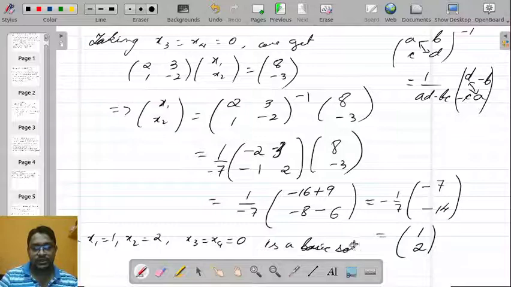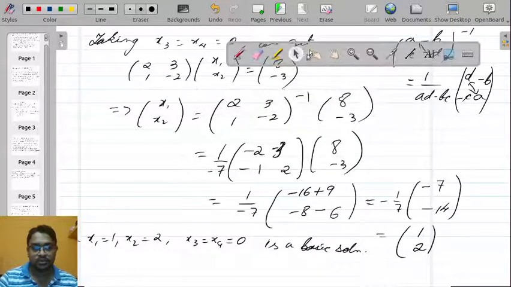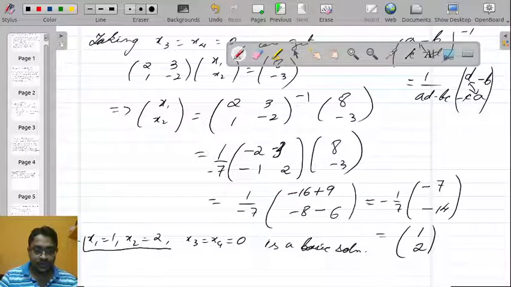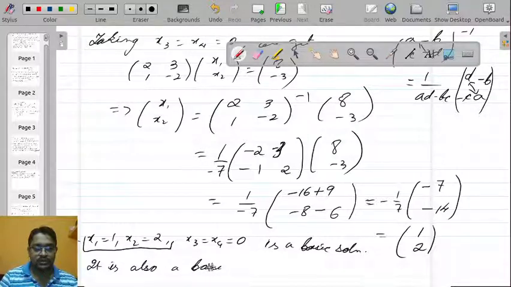Here you see not only is it a basic solution, it is also a basic feasible solution, because the variables here are non-negative. It is also non-degenerate, because the basic variables are non-zero.